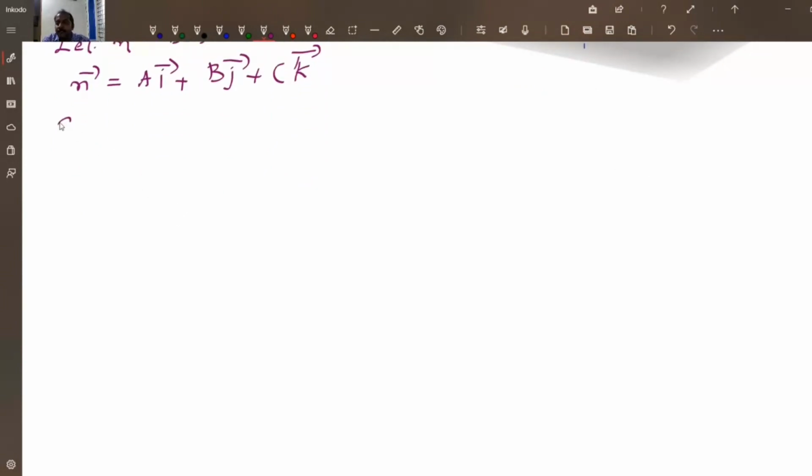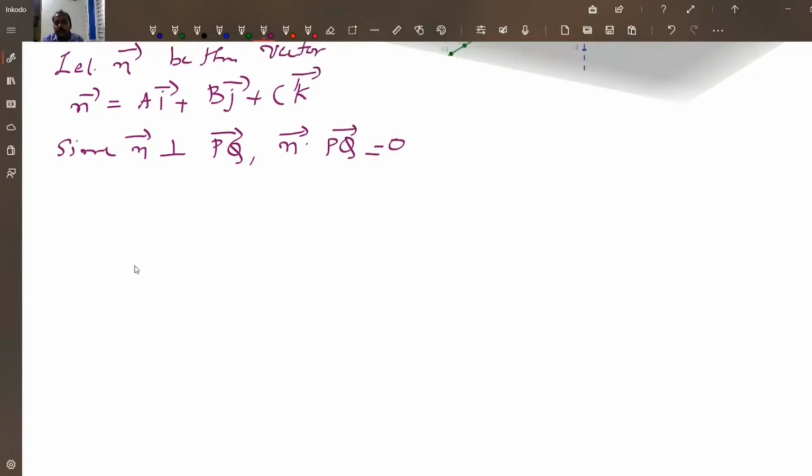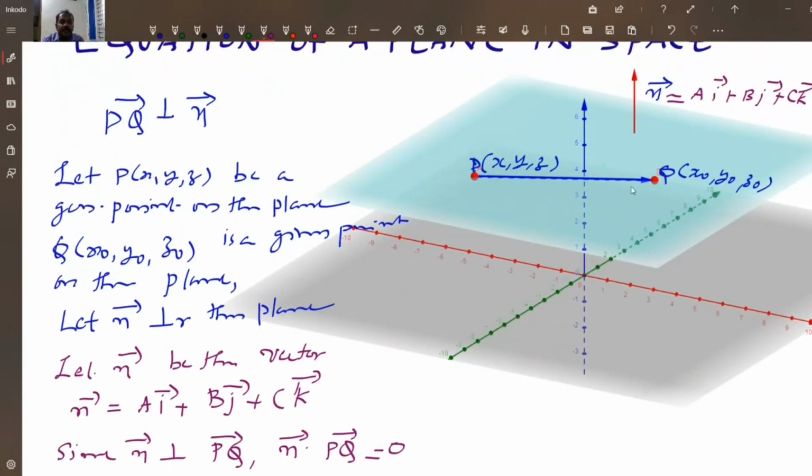Since vector n is perpendicular to PQ, we have n dot PQ equal to 0. And what is PQ? PQ is the position vector of Q minus position vector of P. So you can write that as x naught minus x into i plus y naught minus y into j.